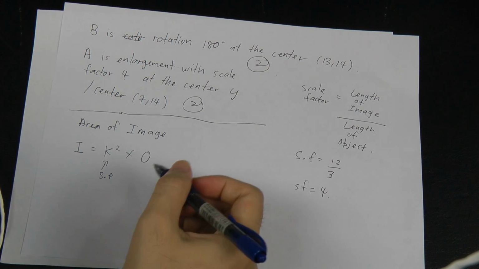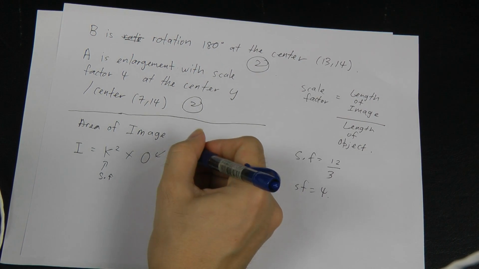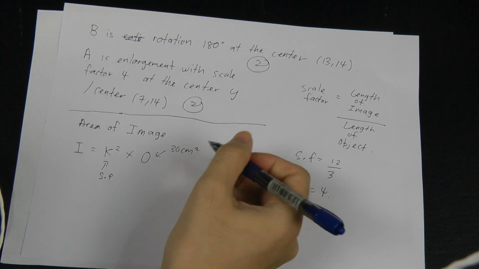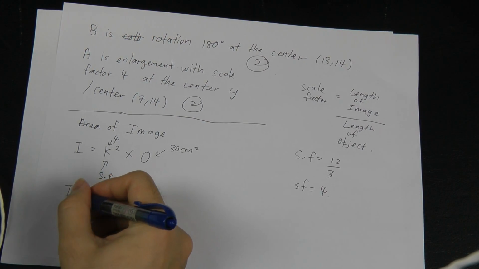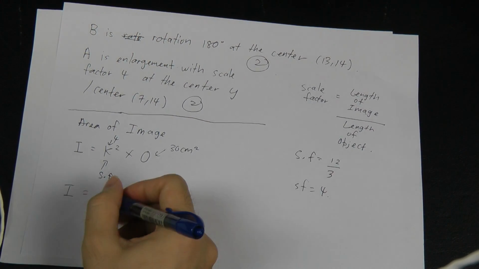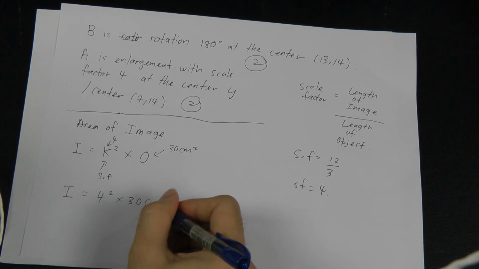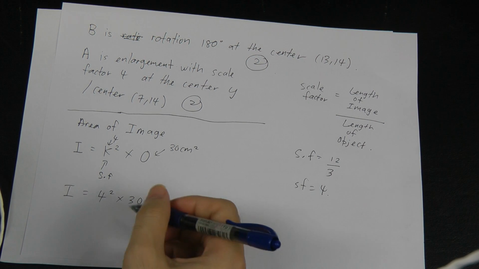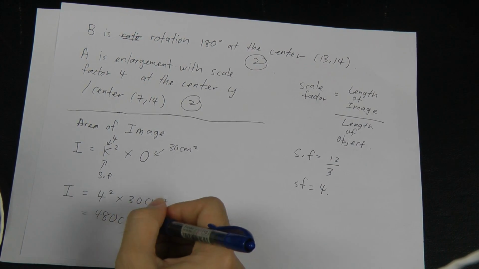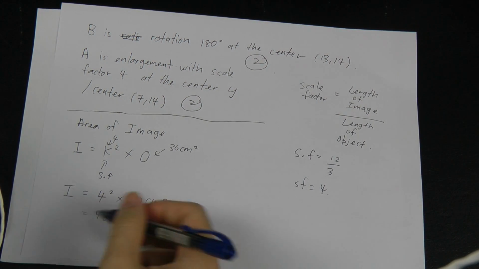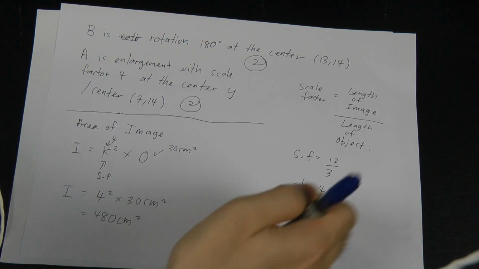In this case, the question gives me the area of object, which is 30 centimeters square, and I got my skew factor just now, which is 4. So I'm going to do 4 squared multiply 30 cm squared. 4 squared is 16. 16 times 30 is 480 cm squared. This is how I find the area of image. So it's k squared multiply the area of object.